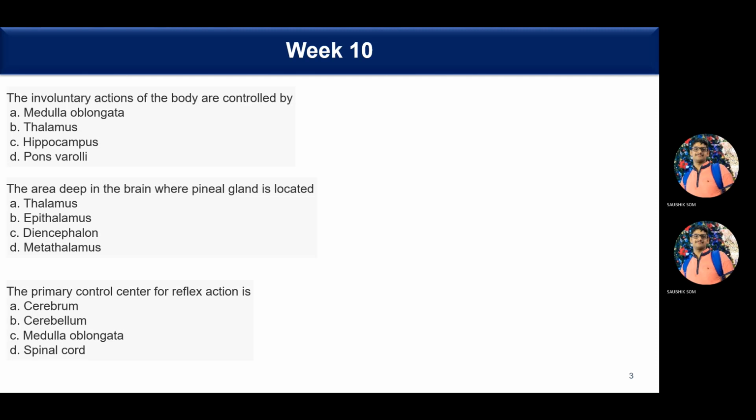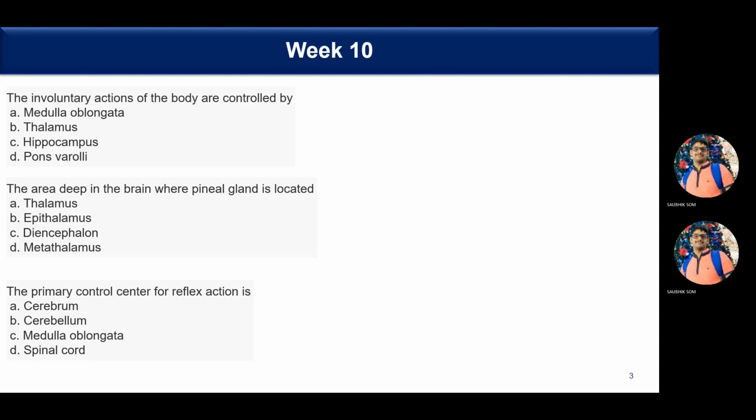The diencephalon has the thalamus and hypothalamus. The correct answer is the medulla oblongata. Next, the area deep in the brain where the pineal gland is located.